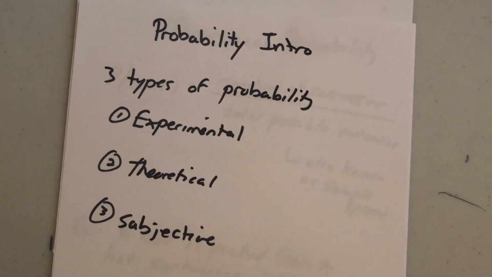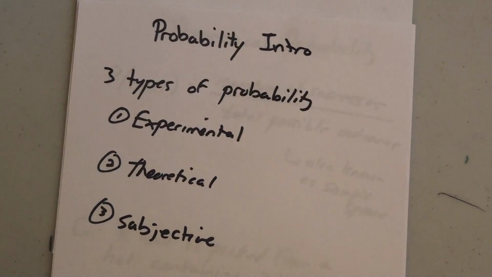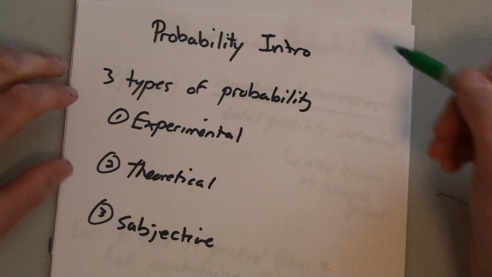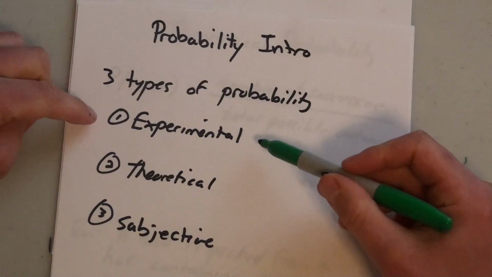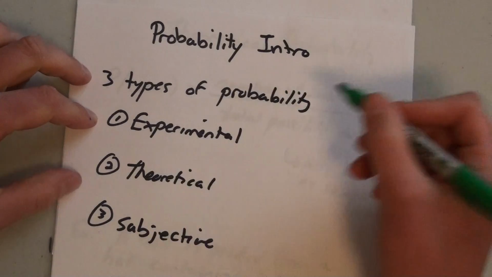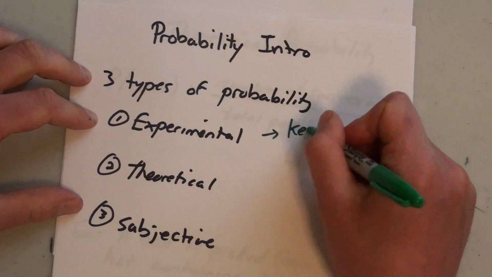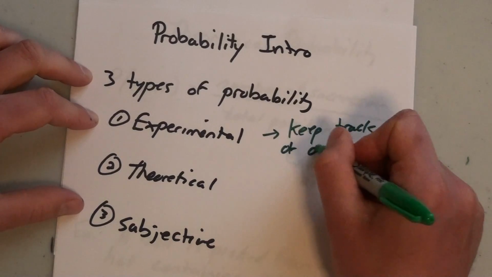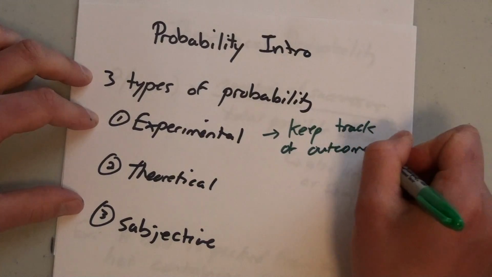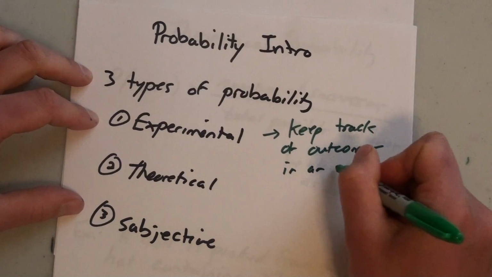This lesson's on the introduction of probability. There are three different types of probability: experimental, theoretical, and subjective. Experimental probability is you conduct an experiment and you're going to keep track of outcomes in an experiment.